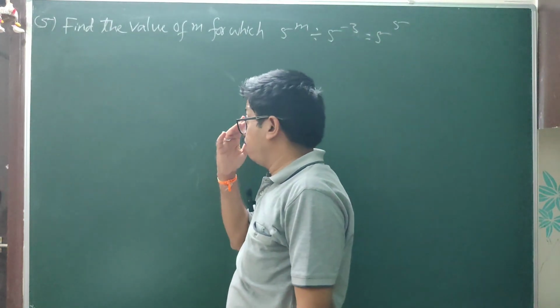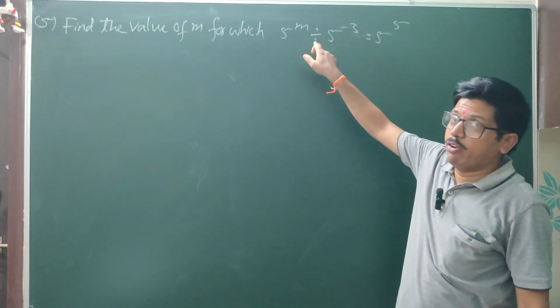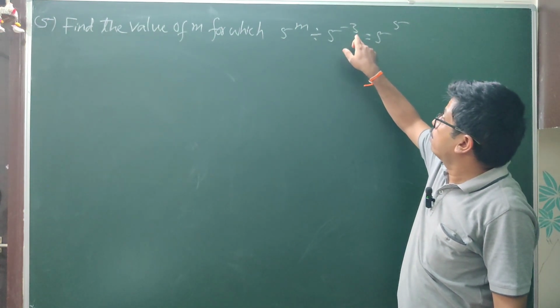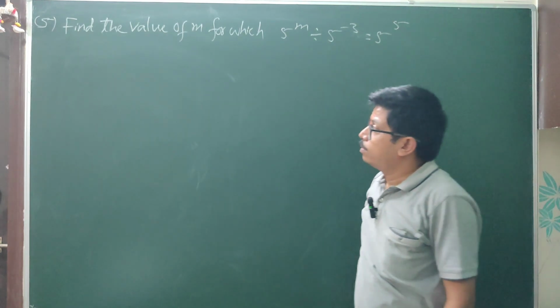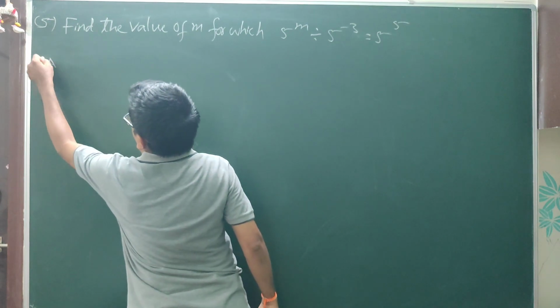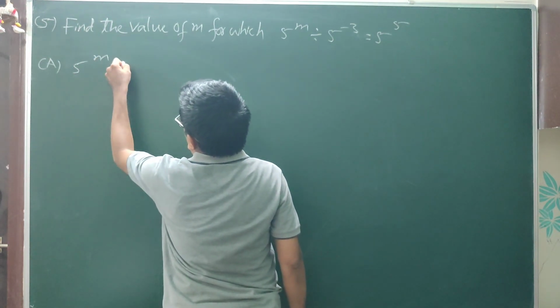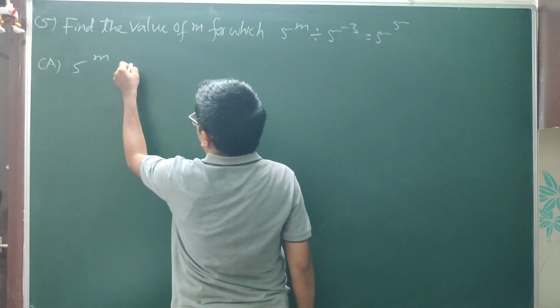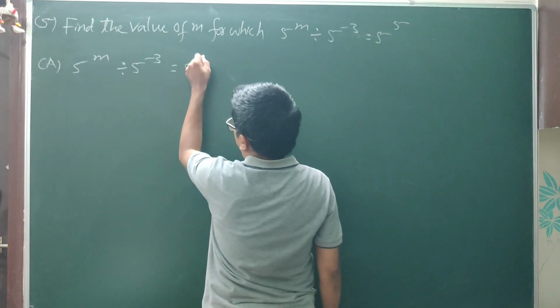So the fifth question is: find the value of m for which 5 power m divided by 5 power minus 3 equal to 5 power 5.